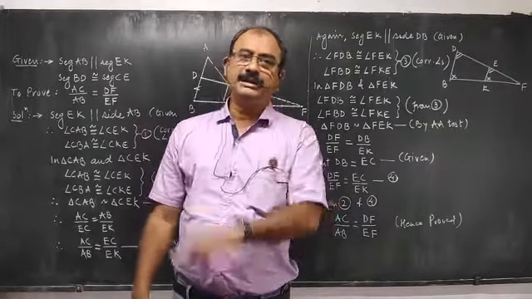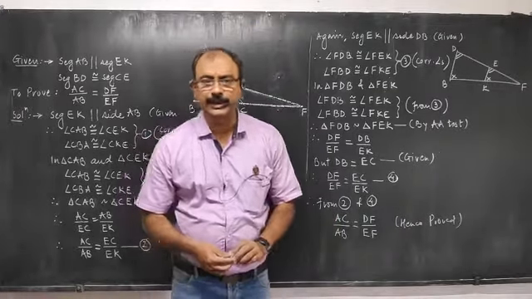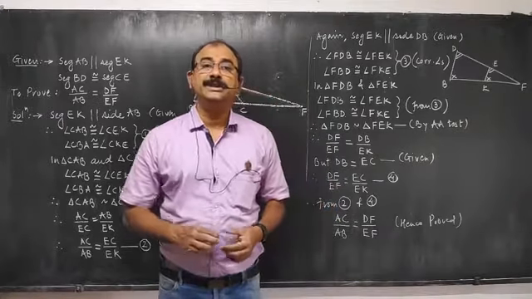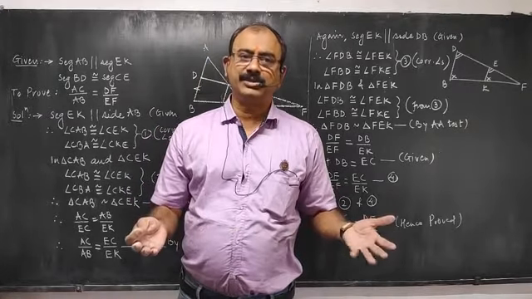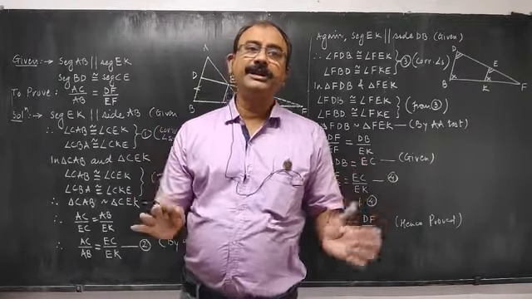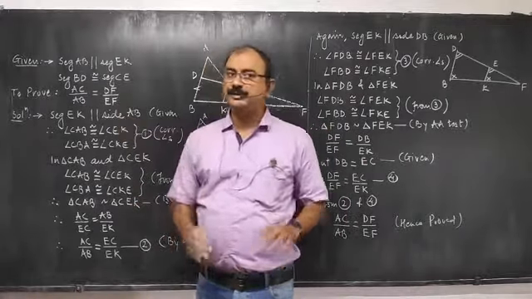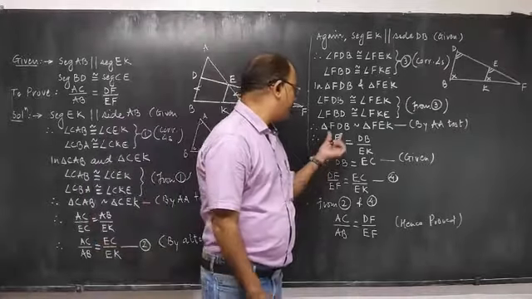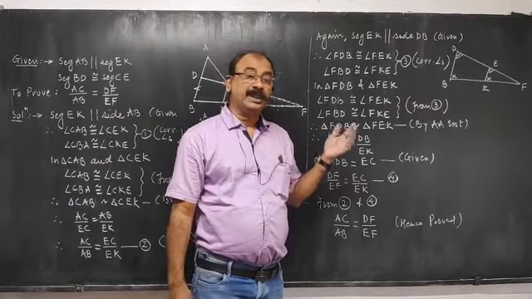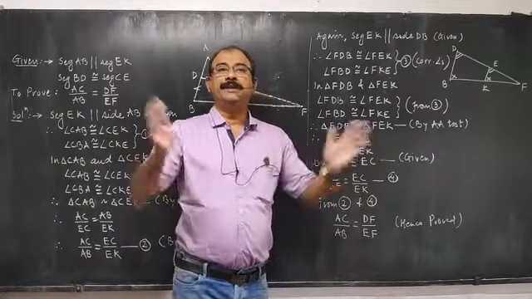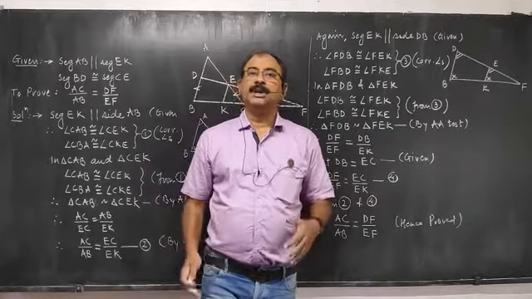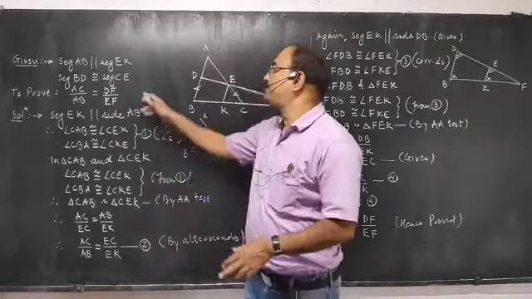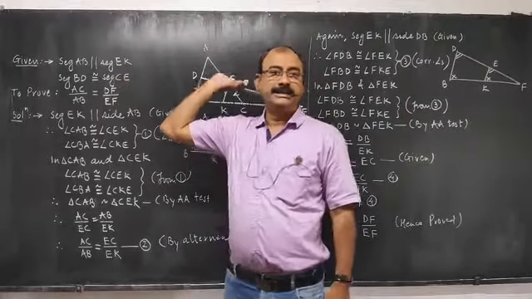We get two conclusions, that the corresponding angles are congruent and the corresponding sides are proportional. But we are interested in establishing the relation pertaining to sides of the triangle. So I am going to use that the corresponding sides are proportional. Which sides shall I take? I should take those which are required in the result.